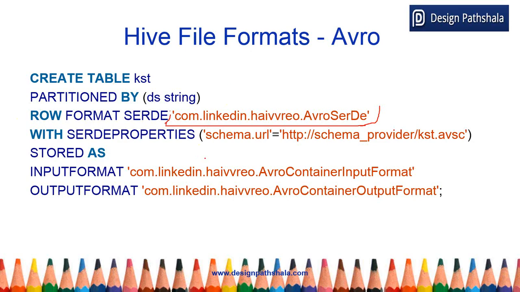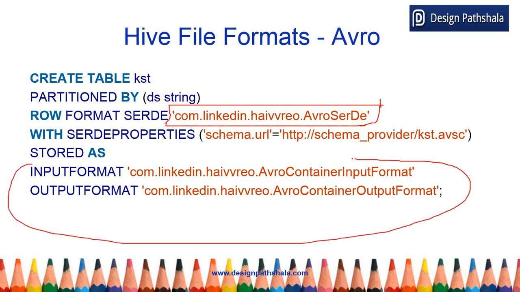Here I'm saying use the Serde which is lying in this jar. There's a jar which has your Serde. You don't have to create these jars. If you just Google them, you will find all these jars which have the Serdes for different kinds of file structures, and you can just import those jars into your Hadoop world. And here I'm just saying the input and output file formats are my Avro file input format class and the output format class.